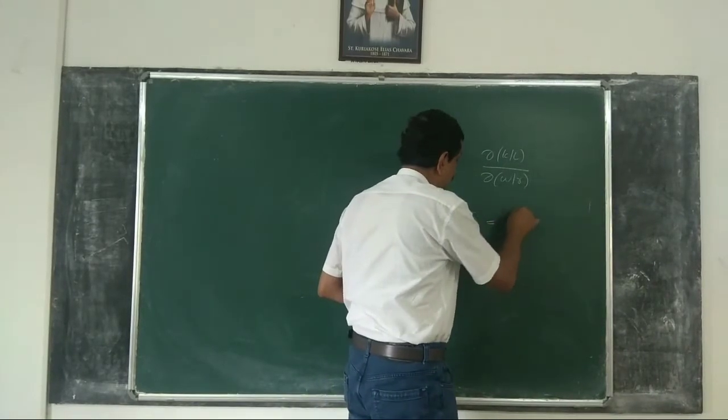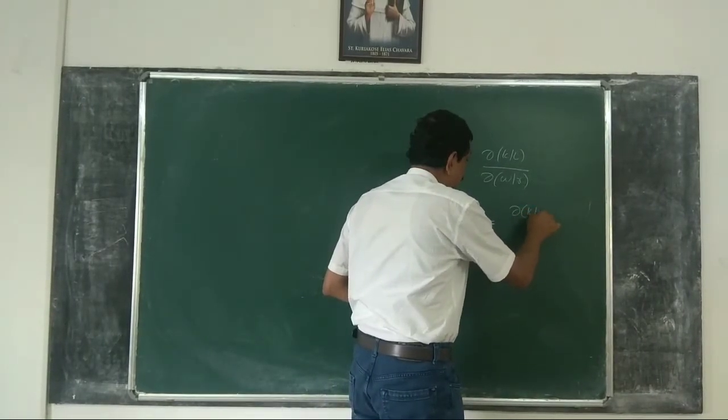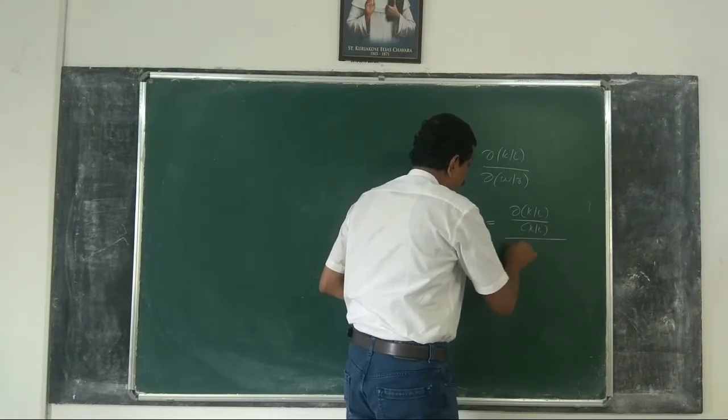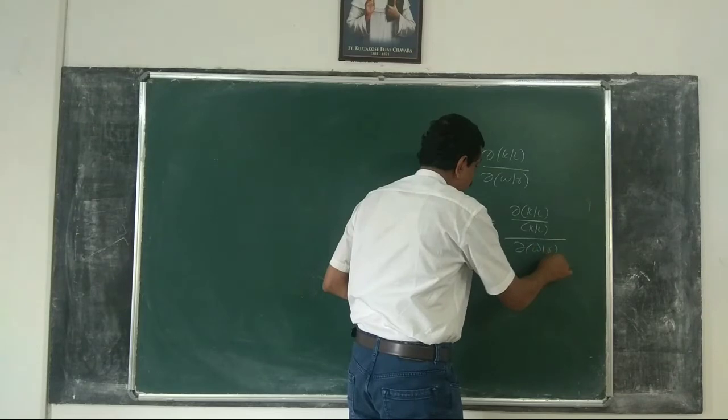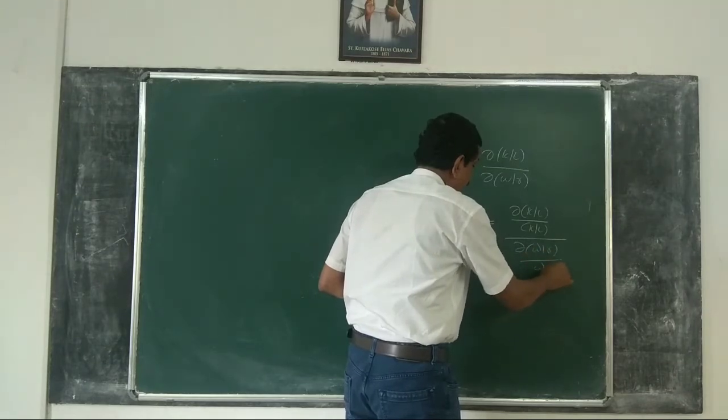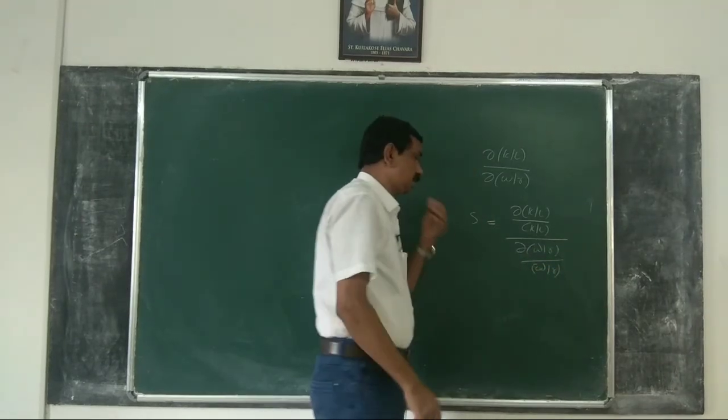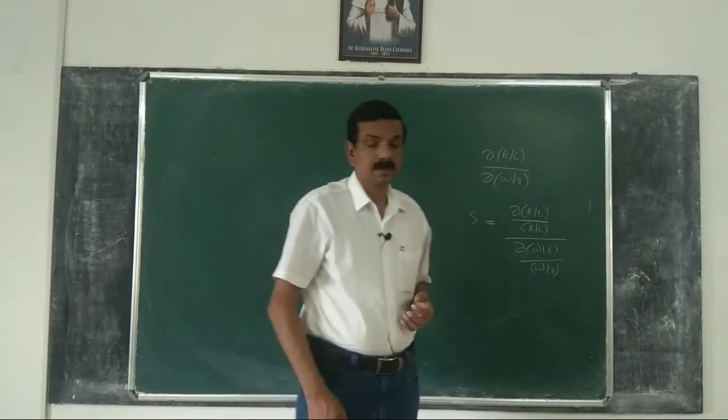S is equal to dou K by L by K by L divided by dou W by R divided by W by R, in percentage or in proportional terms.